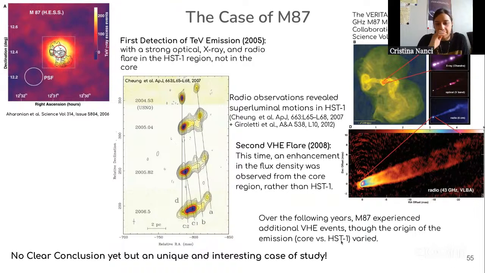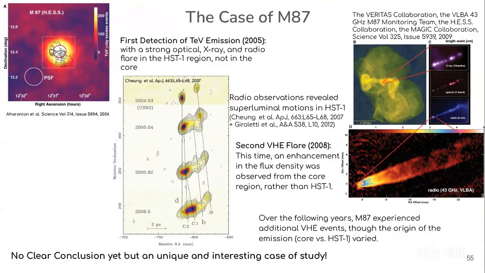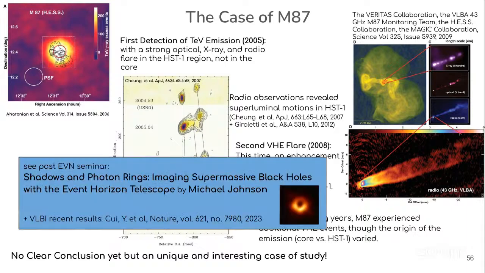Actually, now the HST-1 region is decreasing its flux density in the radio observations, and the source is continuously monitored, so we have no clear conclusion about this source, but it is for sure a unique and interesting case of study, both from a VLBI and very high energy point of view.